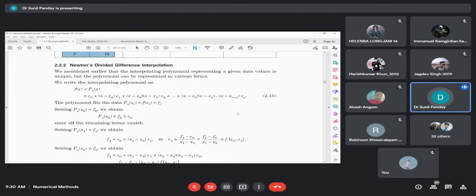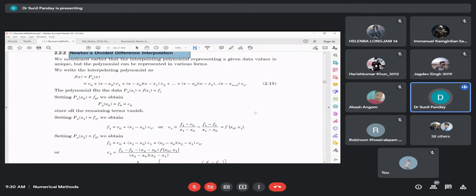Now we go to the concept of Newton divided difference interpolation. We take the interpolating polynomial for Newton divided difference like this: Pn(x) equals C naught plus C1 times (x minus x naught) plus C2 times (x minus x naught)(x minus x1), and like this.